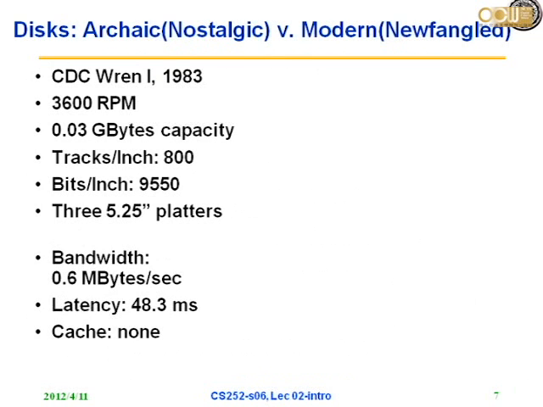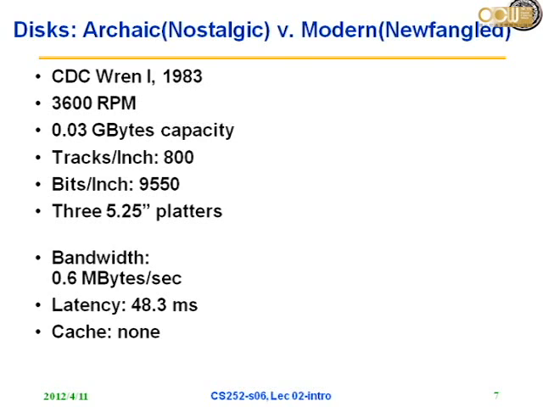So for disk, the old-time disk, the CDC RAM 1, has RPM, rounds per minute, of 3600, and the capacity is so many gigabytes, and tracks per inch on the platter is 800, and bits per inch along the track, one inch can store so many bits, and number of platters, I have 3 5.25 inch platters.